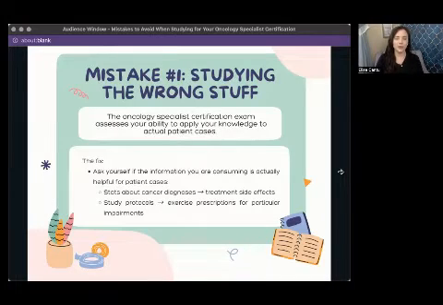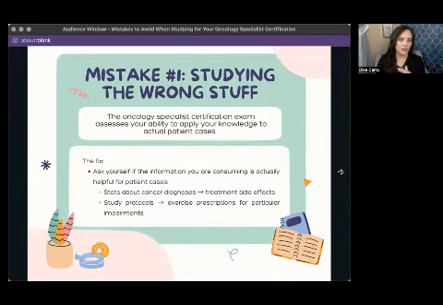For example, one of the things that I did a lot early in my study process is I focused a lot on the statistics of each cancer diagnosis. How many people are diagnosed with breast cancer every year? How many people are diagnosed with triple negative breast cancer every year? How many people are diagnosed with progesterone receptor positive breast cancer every year? That doesn't matter for this exam.